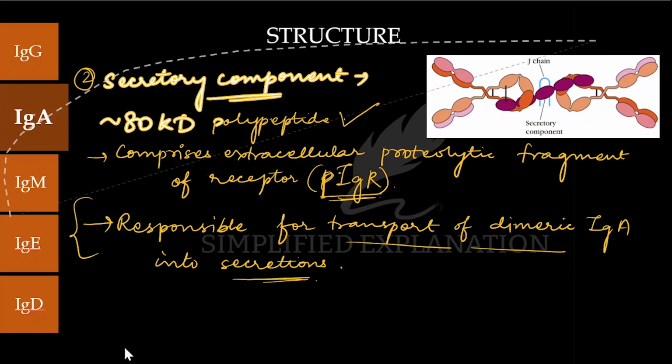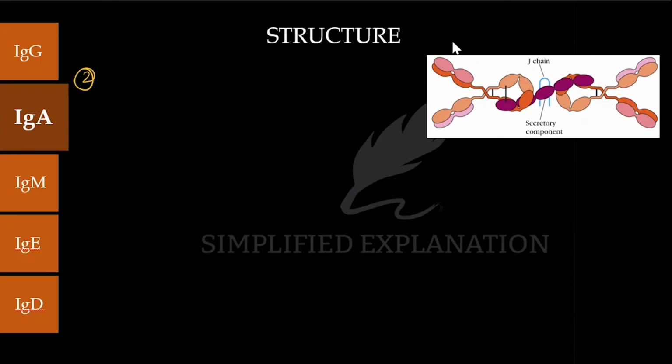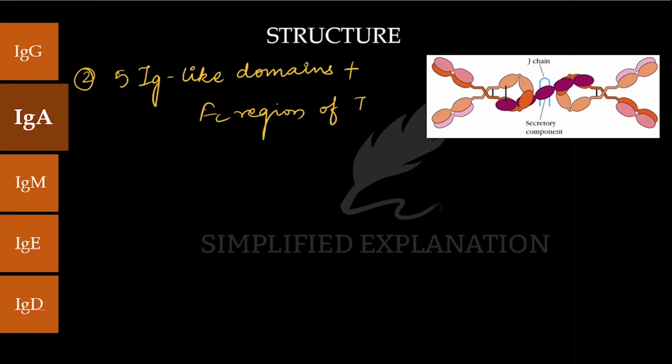Now, if we see the structure of this secretory component again, we can get to know that it has, let me first write, 5 Ig-like domains that bind to the Fc region of the IgA dimer, and this interaction is stabilized by disulfide bonds.